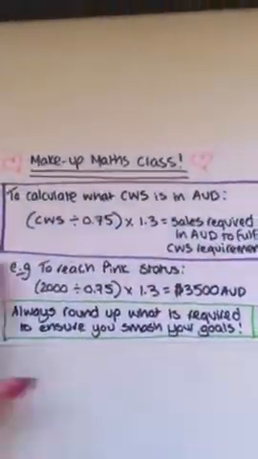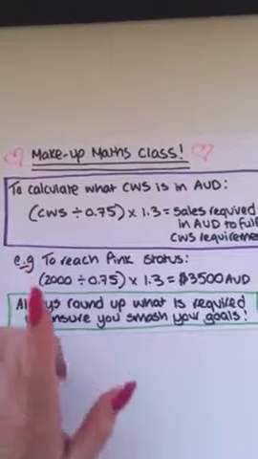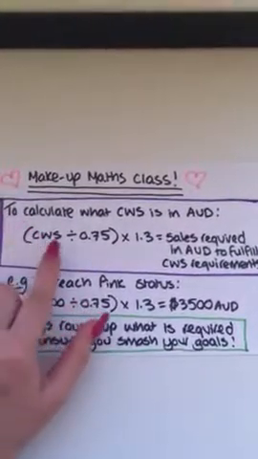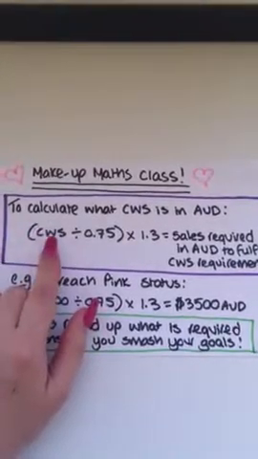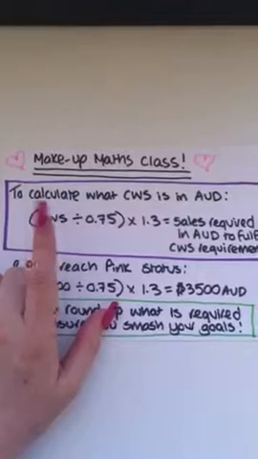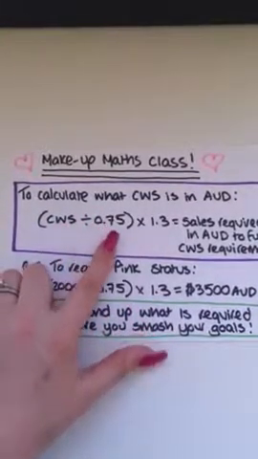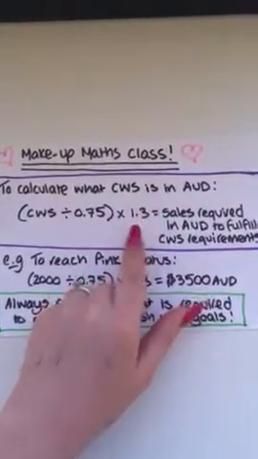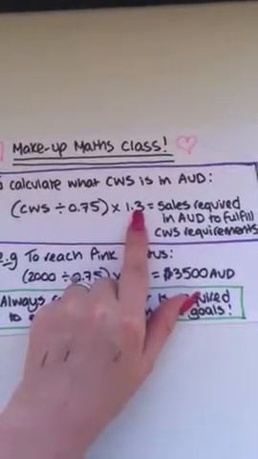If you want to know what your company sales requirement is in Australian dollars, you take the company sales amount required, divide it by 0.75, and then multiply it by your currency conversion rate. For Australia, that's 1.3.